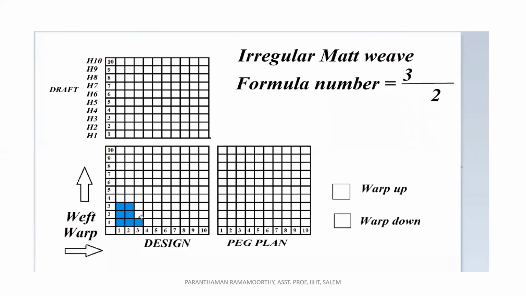So now we are extending the weft way directions. So this is a basic unit. So the basic unit for formula number 3 by 2 is 5 ends with 5 picks. Further are repeating units.